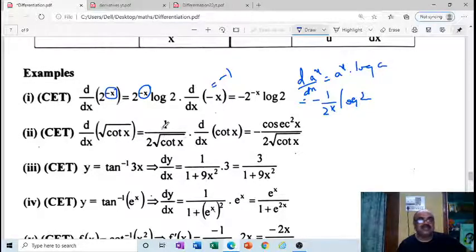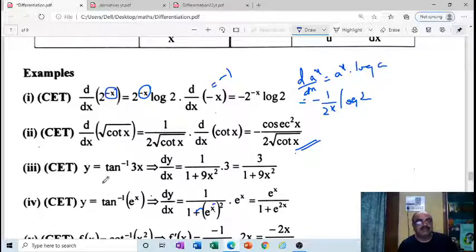So root x differentiation is 1 by 2 root of cot x, into cot x differentiation, which is minus cosecant square x. So the answer is minus cosec square x by 2 root cot x.